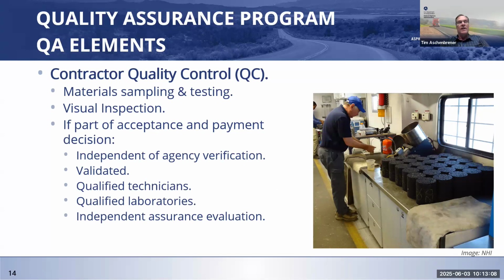If that, in fact, is the case, the contractor's tests and sampling need to be independent of the agency. The contractor and agency tests need to be validated. Essentially, what that means is there has to be a mathematical comparison between the agency and contractor tests to make sure those results are the same or similar. And then the contractor has to have qualified technicians and laboratories. And then the contractor also needs to be part of the independent assurance evaluation.